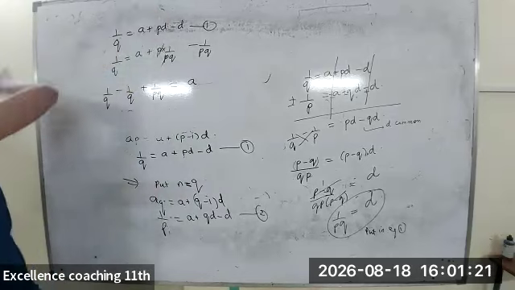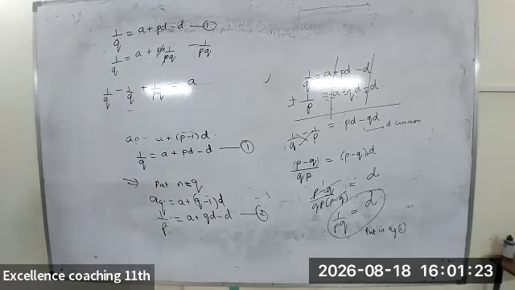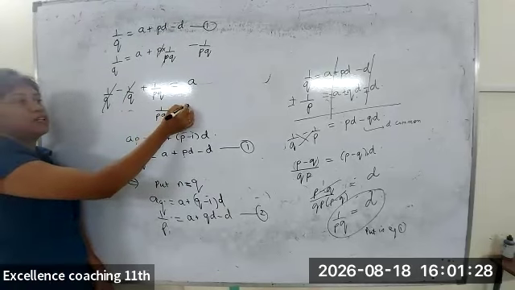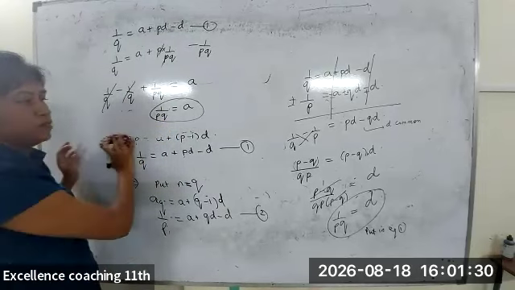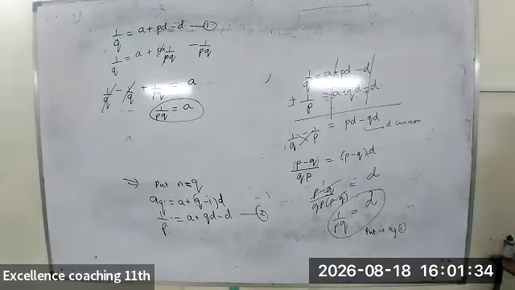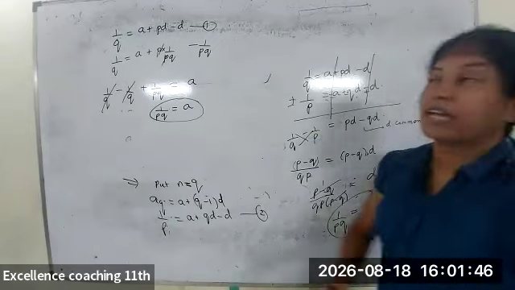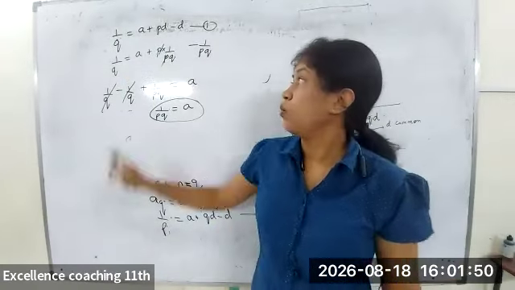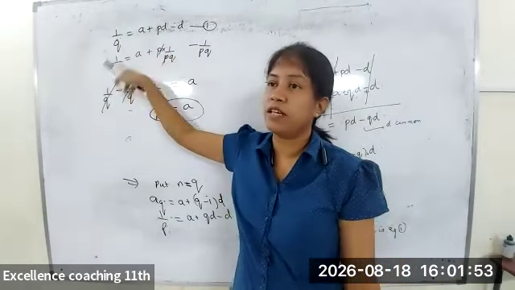Keep a here only, and take all the rest of the terms to the other side. So the a value also you are getting as 1 upon pq. Or first only you could cancel 1 by q on both sides, since 1 by q will be the same on both sides, so that you can cancel.